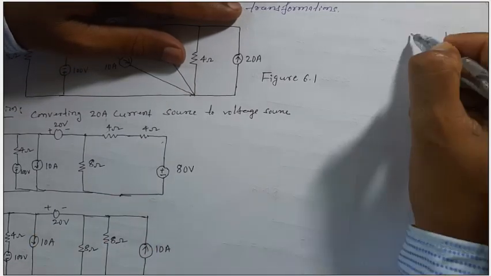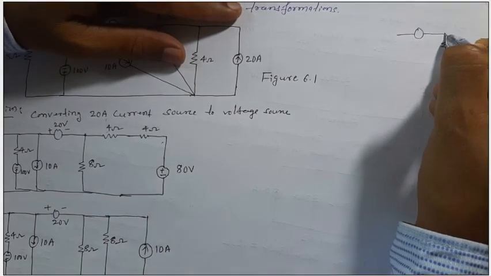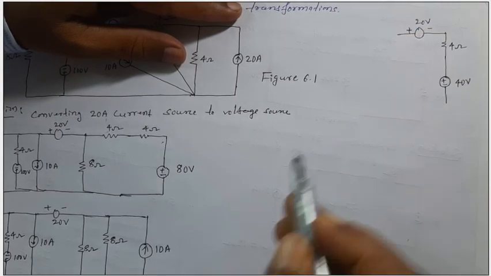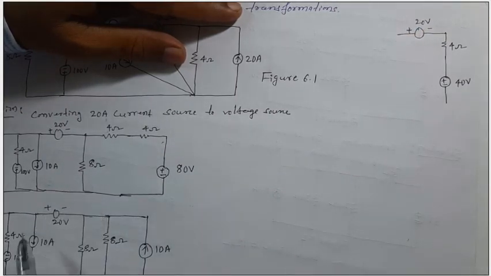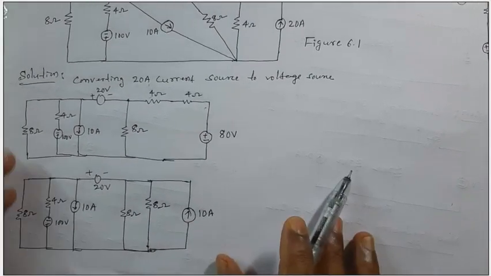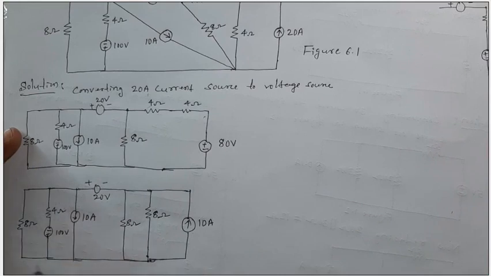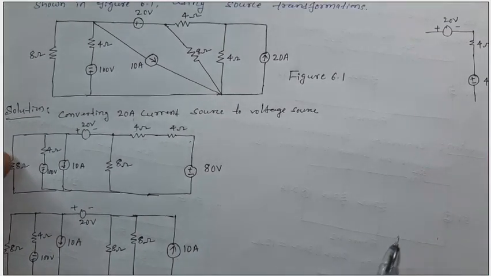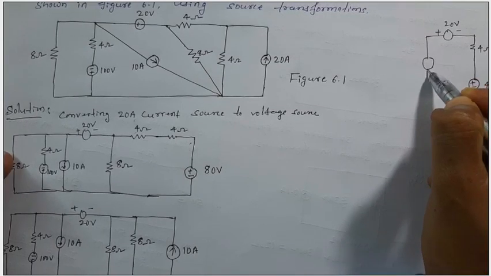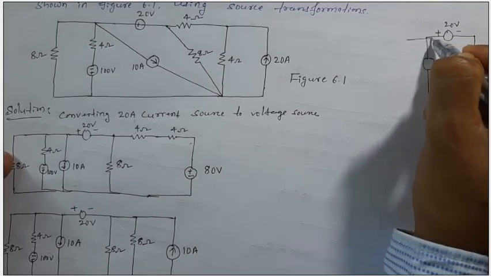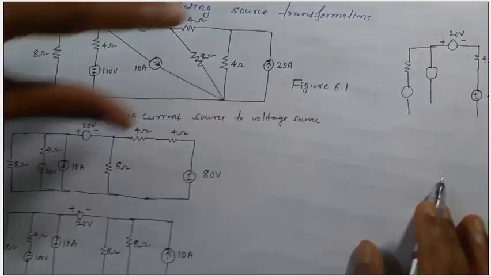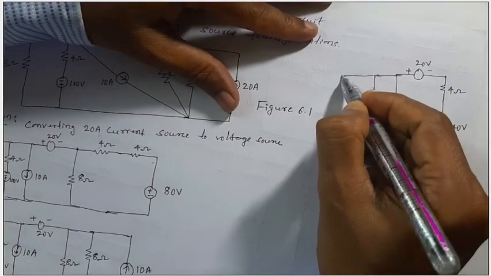And to this combination this 20 volts now is in series, plus minus 20 volts, and later this remaining part I will draw as it is, where we have a 10 ampere current source and one resistor and voltage source, and finally an 8 ohm resistor.